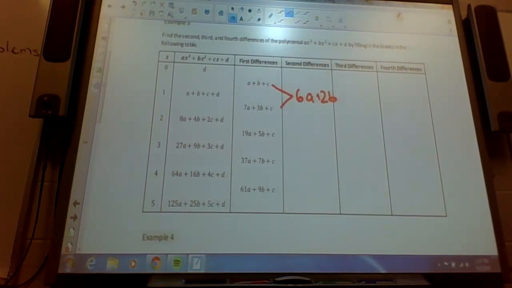We got 5.76, 11.56, 19.36, 29.16, 40.96. And we said this was 5.8, 7.8, 9.8, 11.8. That's the difference there, there, there, there, right? That's the first difference.